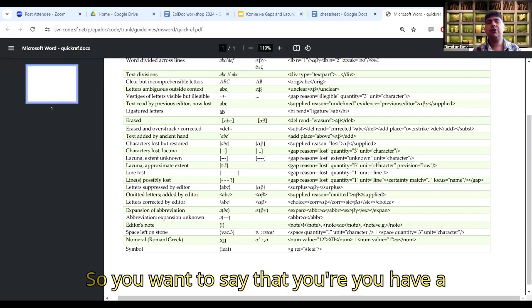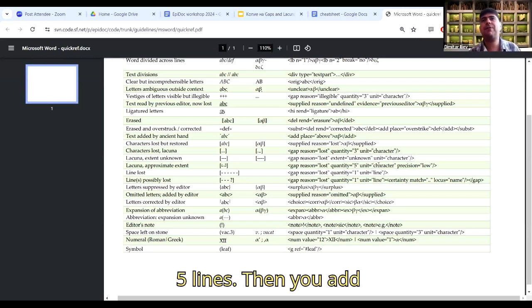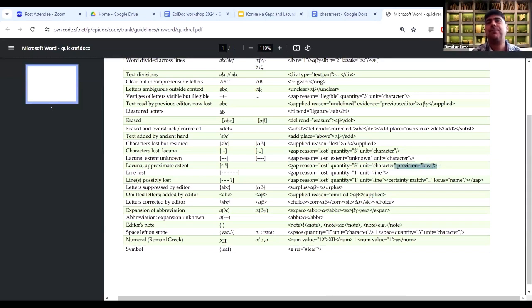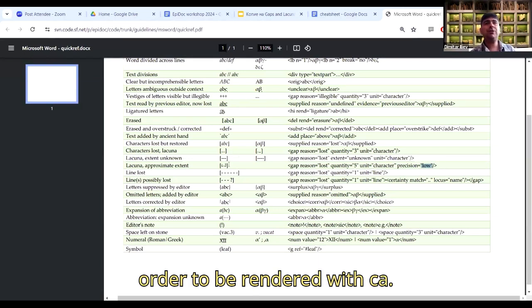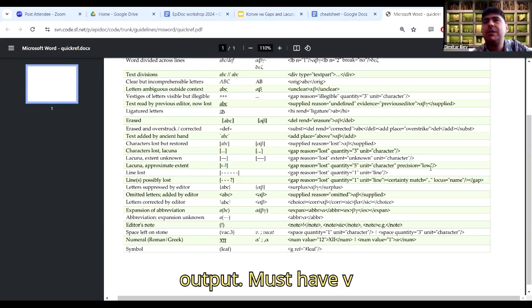If you want to show that there is an imprecise amount of characters or lines missing, so you want to say that you have a lacuna of circa 5 letters or circa 5 lines, then you add an additional attribute, precision. And this precision, in order to be rendered with circa or with a question mark in your visual output, must have a value low.